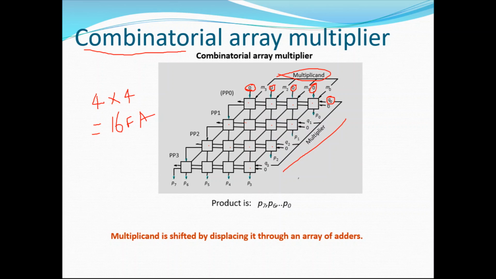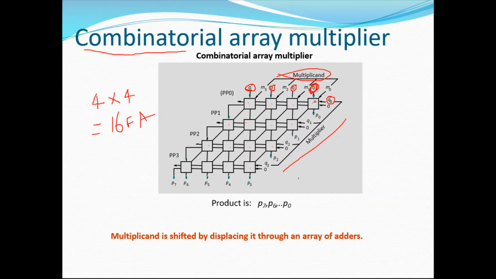So Q0 will go to the AND gate and be multiplied with M0, and whatever the result, that will be added with the least significant bit of the partial product.